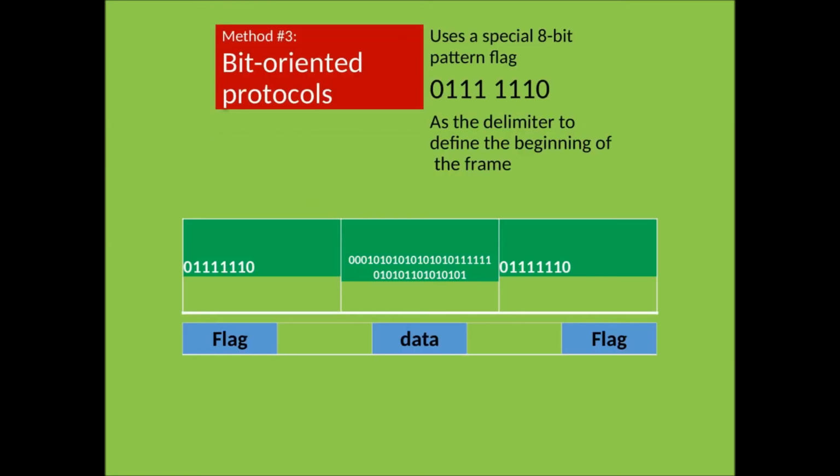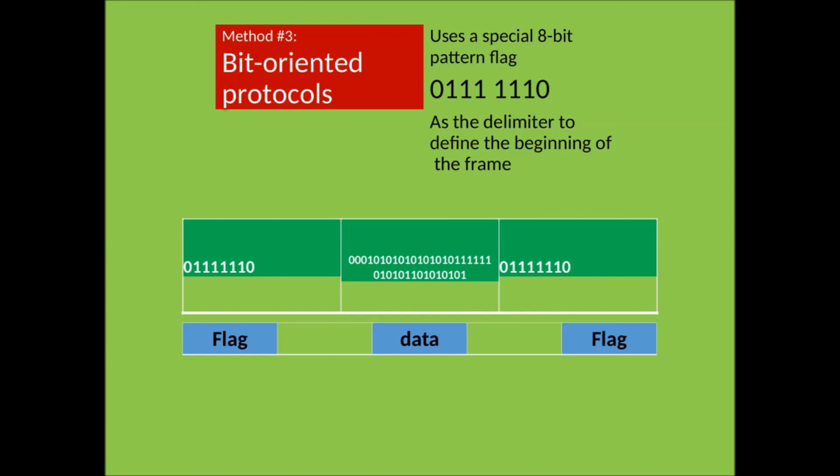Method number 3, bit oriented protocol. This is very simple. Here we use a special 8-bit pattern flag as the delimiter to define the beginning of the frame. Just add a special flag, which we have studied in previous slides as well. So you can see flag, data, flag.